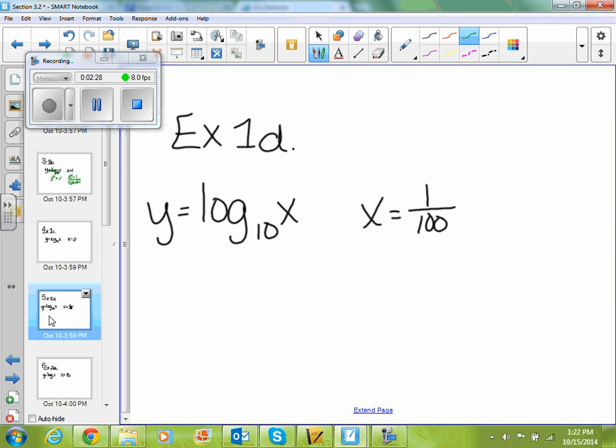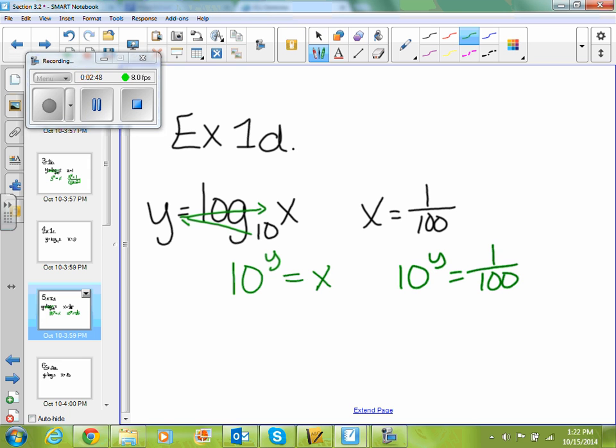Okay, let's do this one. y equals log base 10 of x, and x equals 1 over 100. Okay, so that tells me 10 to the y equals x. So if x equals 1 over 100, then 10 to the y equals 1 over 100.